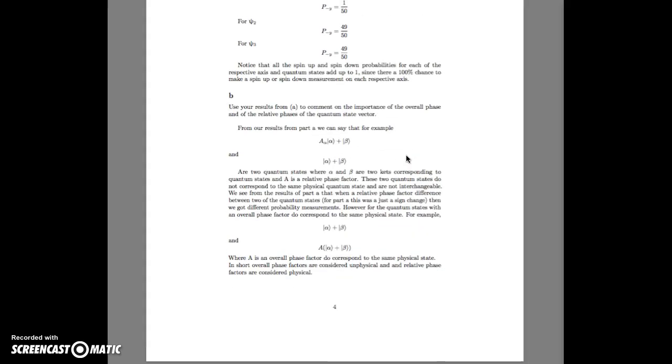Now part B, use results from A to comment on the importance of overall phase and the relative phases of the quantum state vector. From our results from part A, we can say, for example, let's take these two quantum states. One has where alpha and beta are two kets corresponding to quantum states, and A is a relative phase factor.